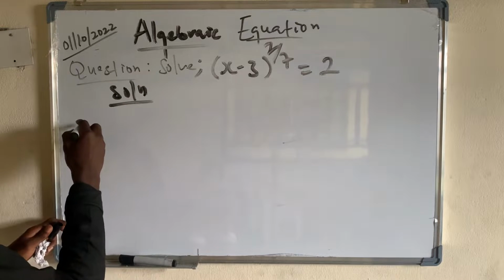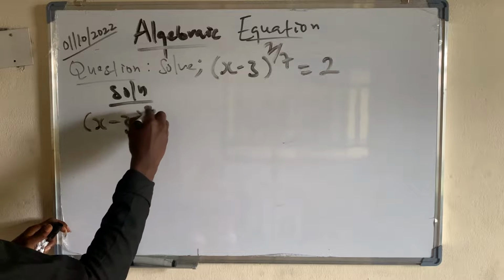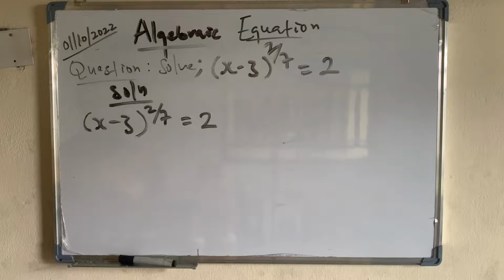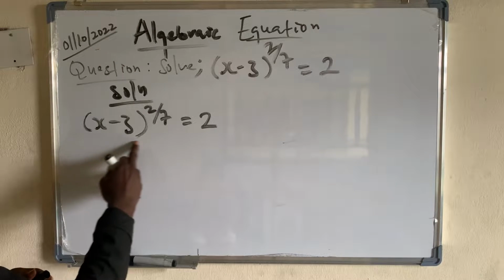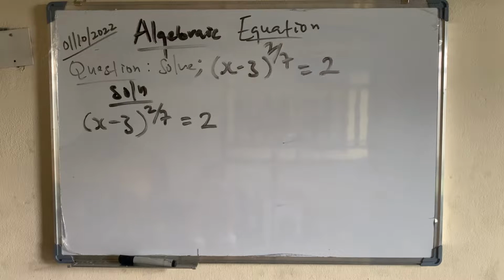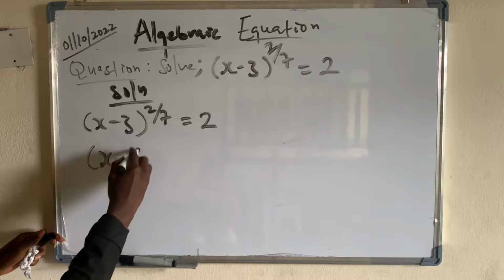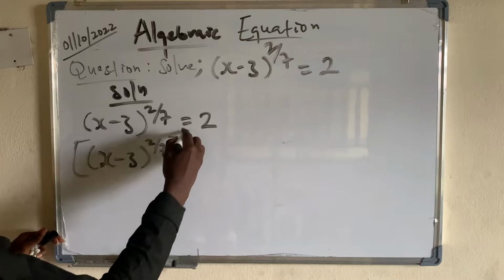We have (x minus 3) to the power of 2 over 7 is equal to 2. So the first step I will take here is by raising this whole term on the left hand side by 7, so that I will write this as (x minus 3) to the power of 2 over 7, all to the power of 7.